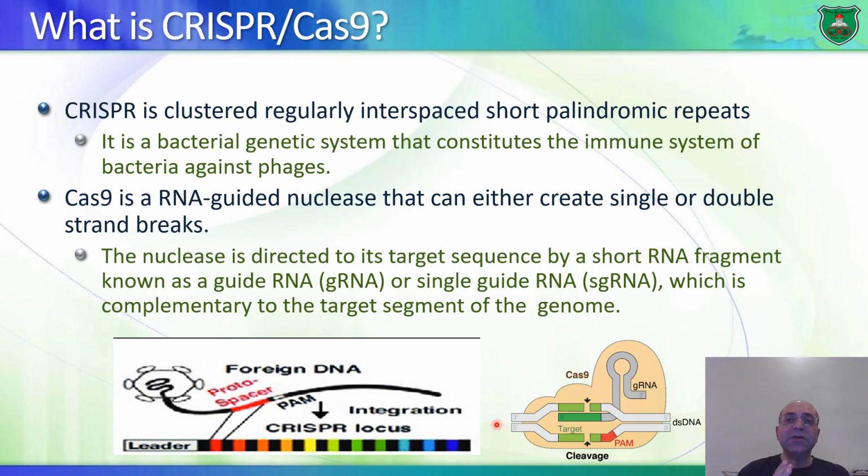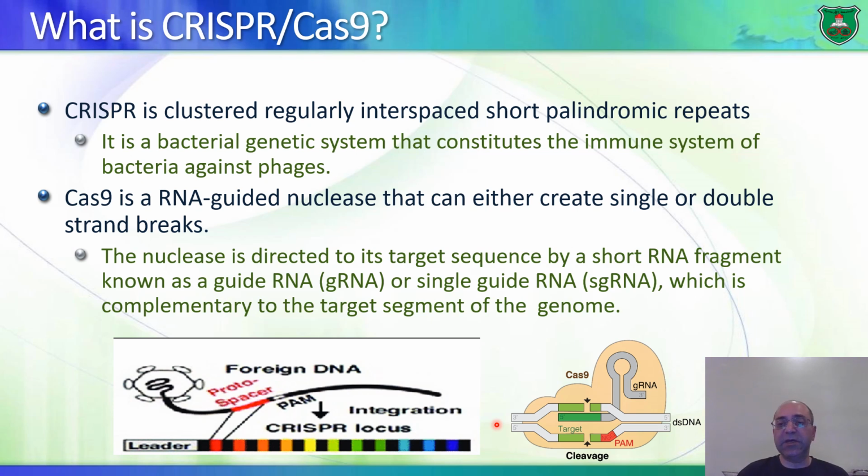You know how we talked about proteins, and we say glycoproteins, that is proteins that are associated with sugars, lipoproteins, proteins that are associated with lipids. We have riboproteins and we have riboenzymes. This one here is a ribonuclease. So it is an enzyme, a protein enzyme that is associated with an RNA molecule, and this RNA molecule takes the nuclease to certain sequences. So it is an RNA guided nuclease.